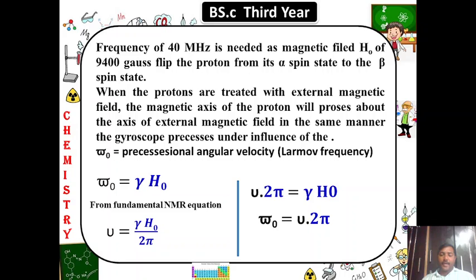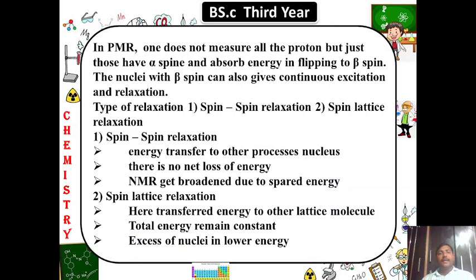Then omega 0 is equal to nu times 2 pi. In PMR, one does not measure all the protons but just those that have alpha spin and absorb energy in flipping to the beta spin. The nuclei with beta spin can also undergo continuous excitation and relaxation.